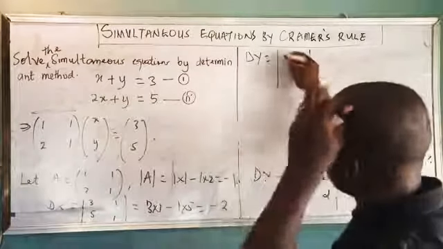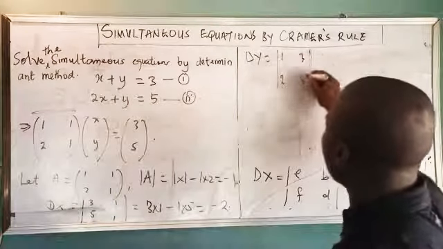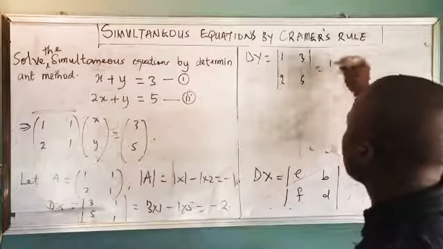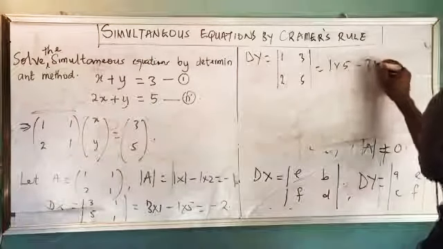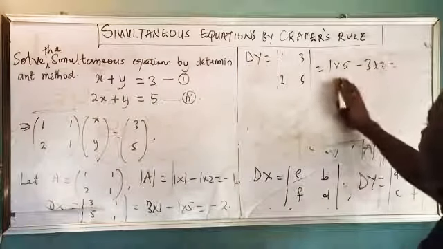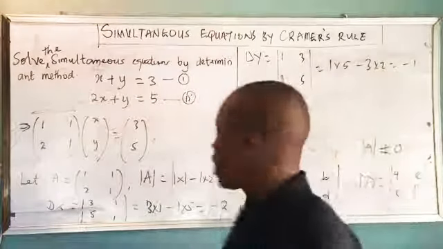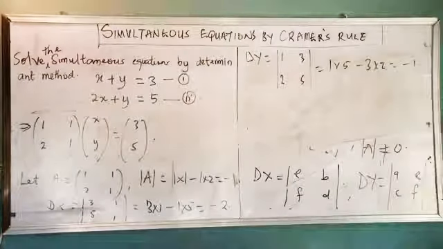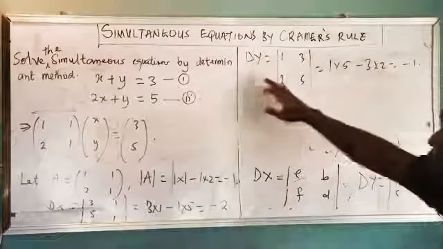So you have 1, 2, 3, and 5. Then you get 1 times 5 minus 3 times 2. So 1 times 5 is 5, and minus 3 times 2 is minus 6. So we have minus 1 to be this one now.